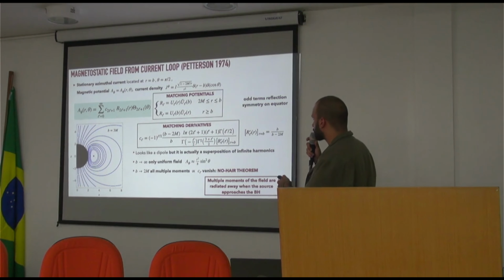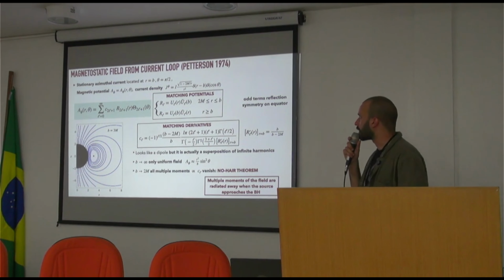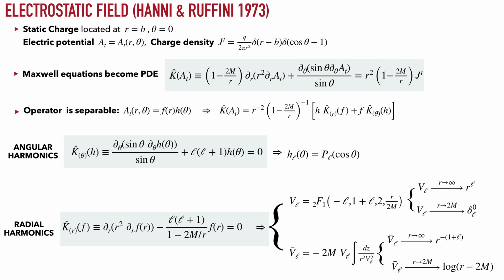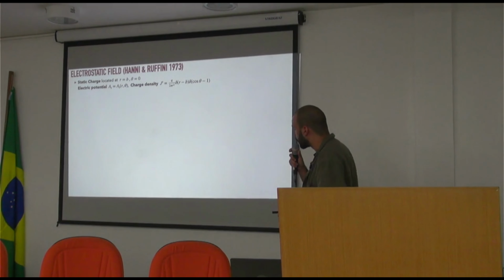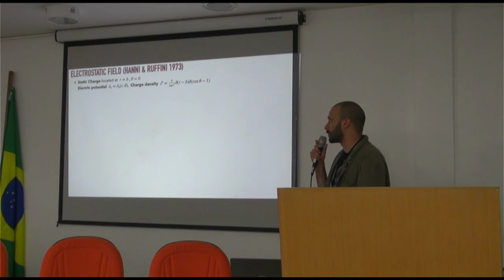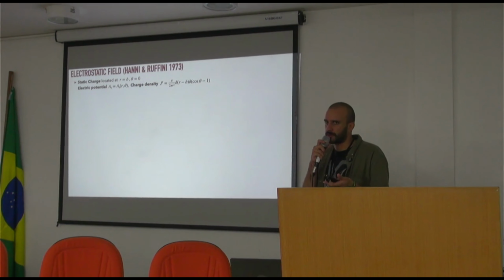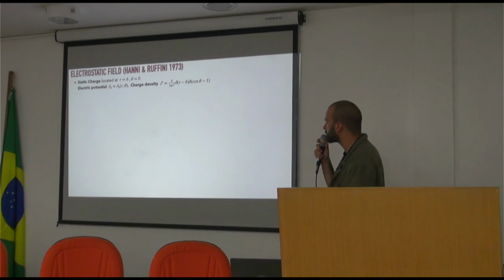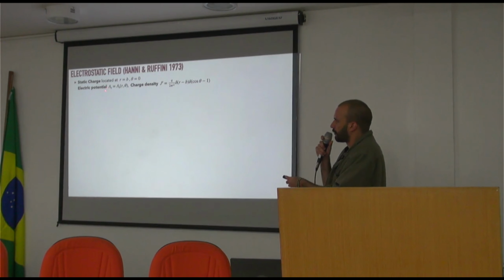Okay, this was the configuration discussed by Petterson in 1974. Now, we can also consider another configuration, which is the electric counterpart of this. I will not enter into the mathematical details. In this case, of course, we are talking about an electric field.